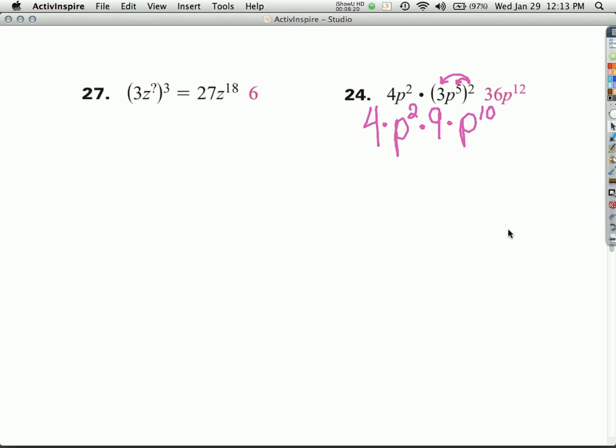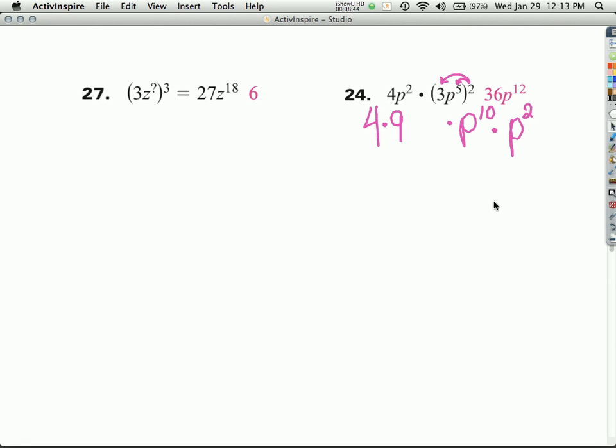Here's what you should have done mentally. That should have come over here. Now, 4 times 9 is 36. What's p to the 10th times p to the 2nd? What property is illustrated there?